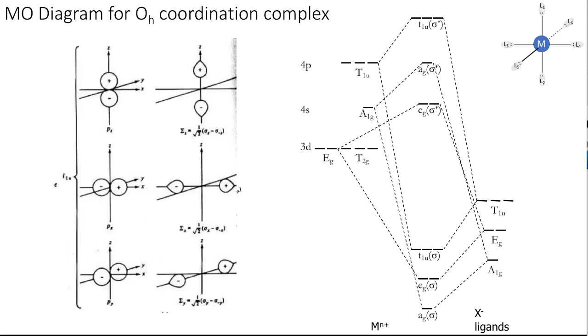And then here's the picture of the p orbitals of the metal and the T1U sets of our ligand groups. Combine this plus this to give a bonding, subtract to give antibonding orbital sets in the molecular orbital diagram.